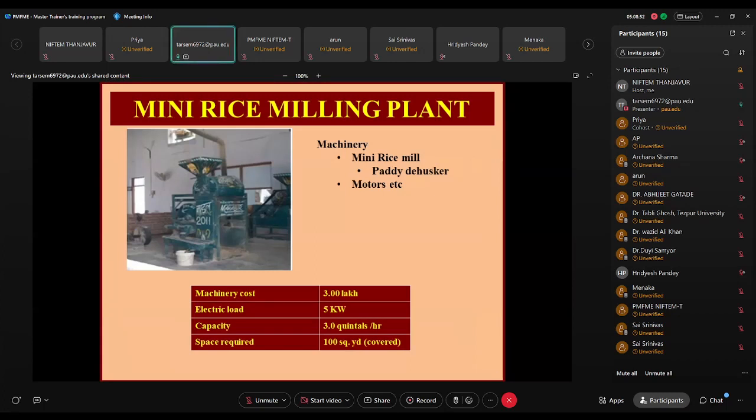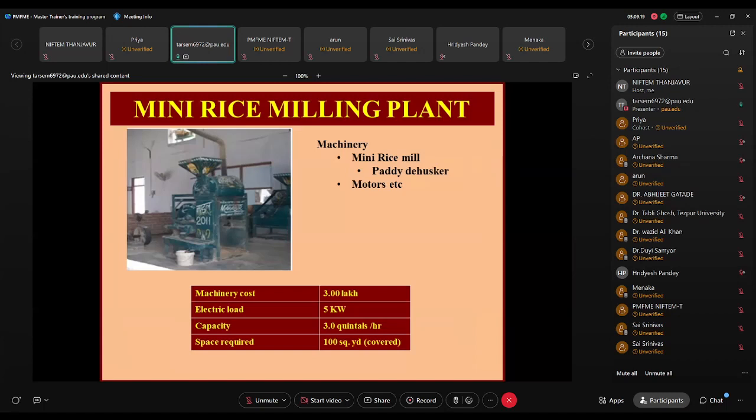But if we want to install a mini rice mill plant, where we are processing almost 3 quintals of paddy per hour, for normal rice we may have a paddy dehusker as well as a polisher, and then a grader also.